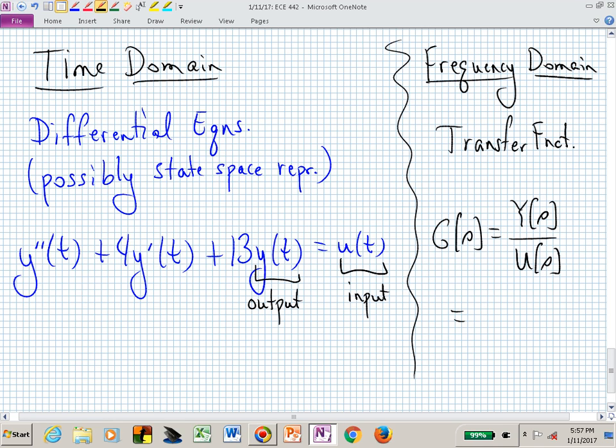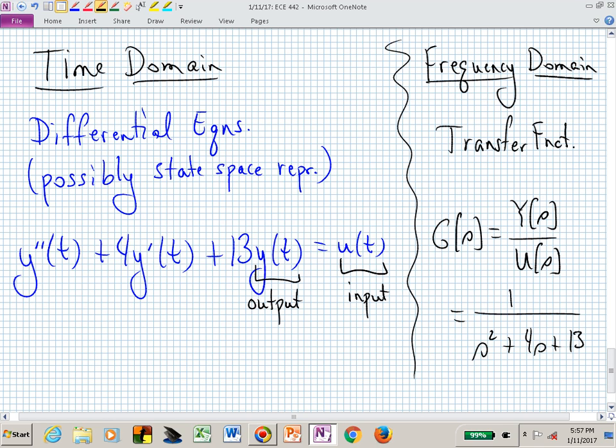What does that transfer function look like? So we have 1 in the numerator. What's the order of our system? Second order. So we have an s squared in the denominator, and that's going to come about if we Laplace transform the second derivative. In the denominator, we then have s squared plus 4s plus 13, and that's now our system described by a transfer function.